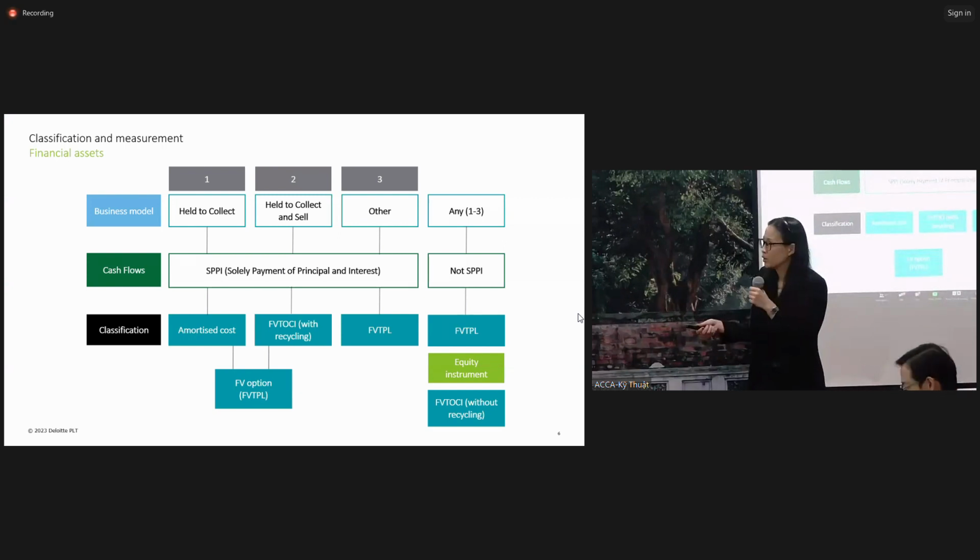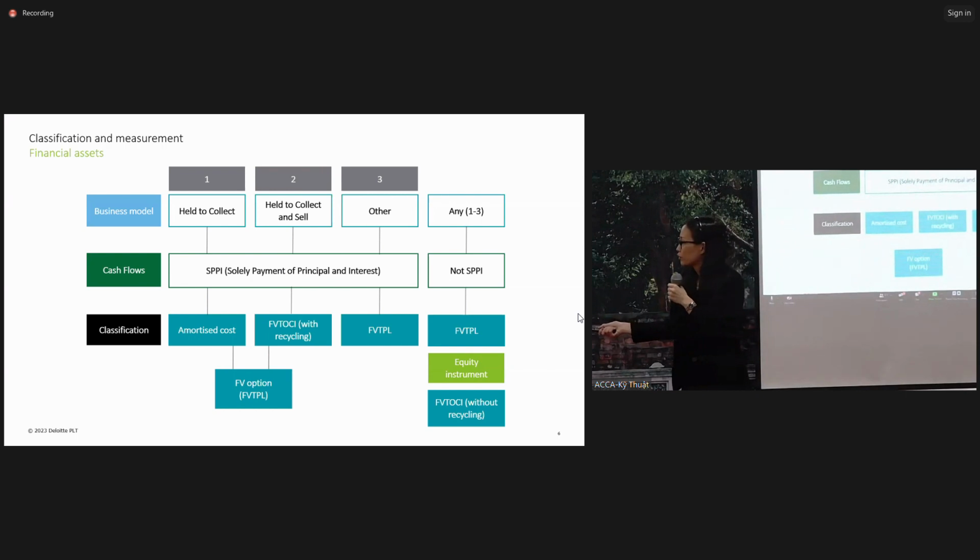If you trade it, anything you do in the normal, ordinary course of business of buying and selling, which is trading the instrument, you must always hit the P&L because the P&L captures the day-to-day operation that is in the normal, ordinary course of business. So that's the logic behind why the standard is created in such a way.